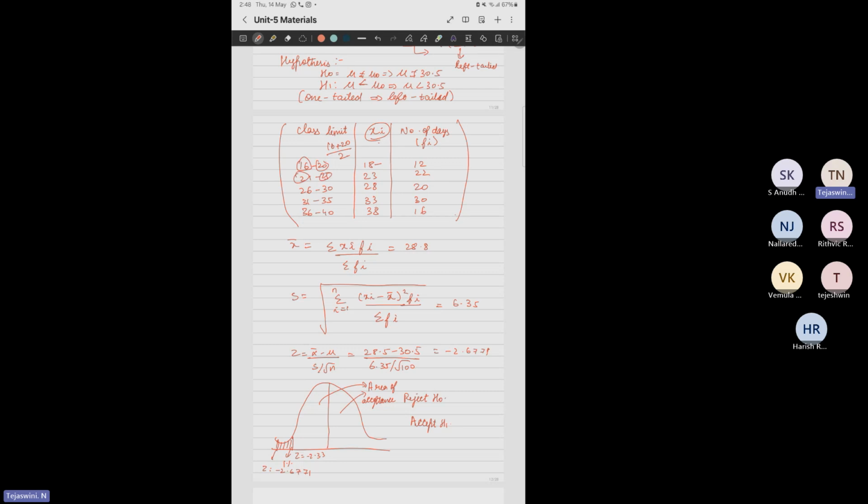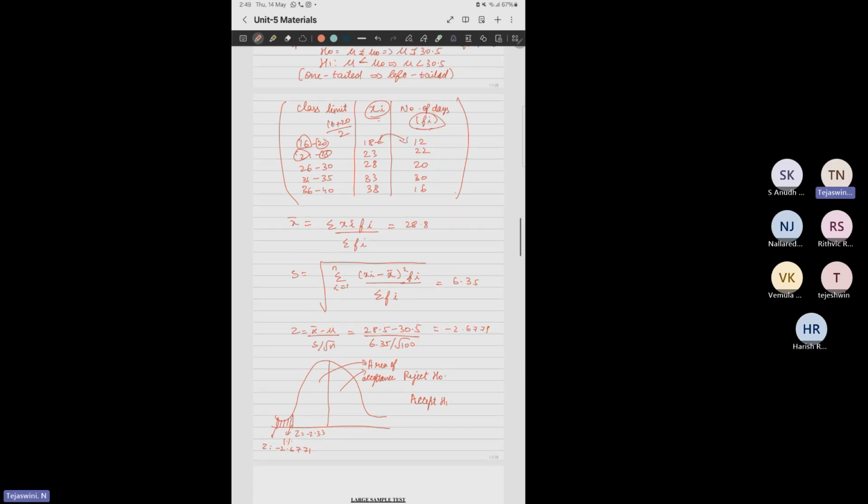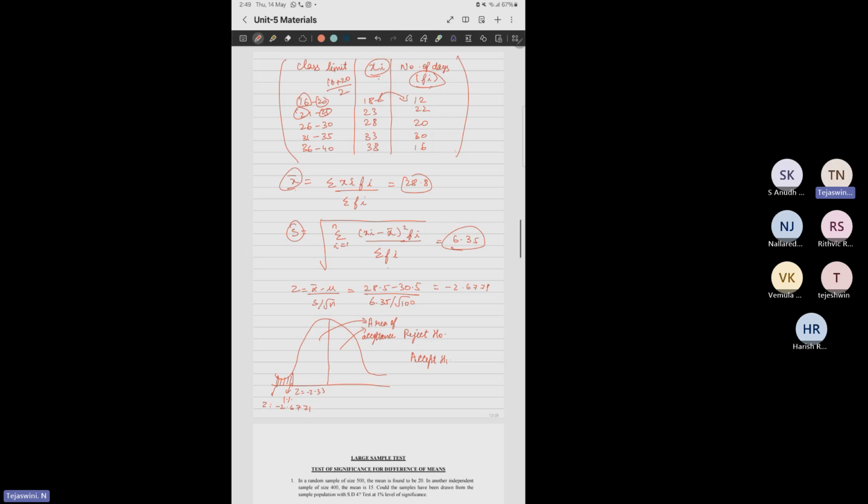Similarly, for all the cases, we have to find the average of the lower limit and the upper limit, and then multiply it with the number of data, that is fi over here, and then we'll get the value of the sample mean, and similarly the sample standard deviation, we'll get it as 6.35 when we substitute in this formula.